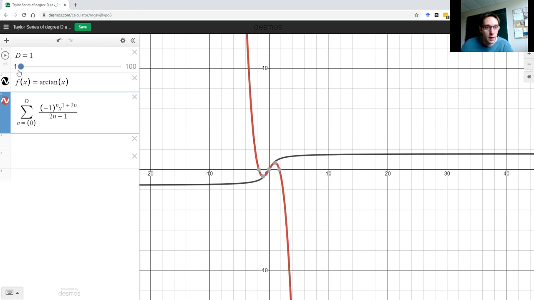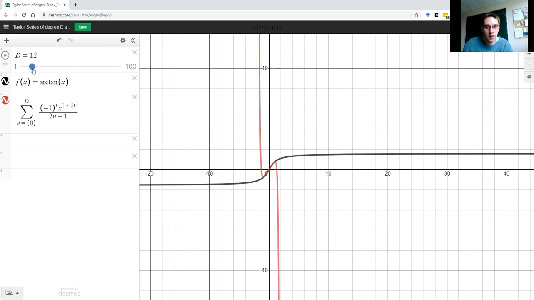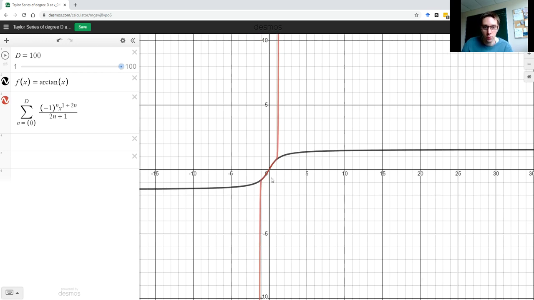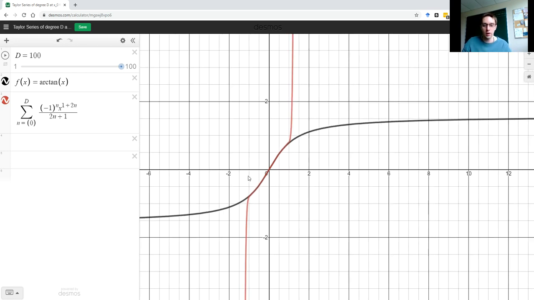Okay, and as we add more and more terms, we see that this does seem to hug the arctangent function, but it only does so over a narrow range from negative 1 to 1. But unlike the original function, 1 over 1 minus x, there's no asymptotes here. There's no asymptotes in arctangent of x, at least no vertical asymptotes. There's horizontal asymptotes. But for some reason, it's still breaking down at negative 1 and 1.